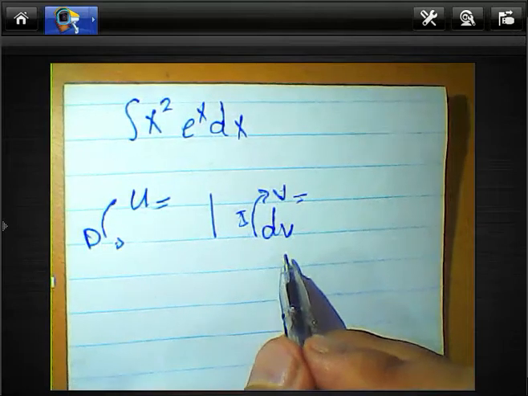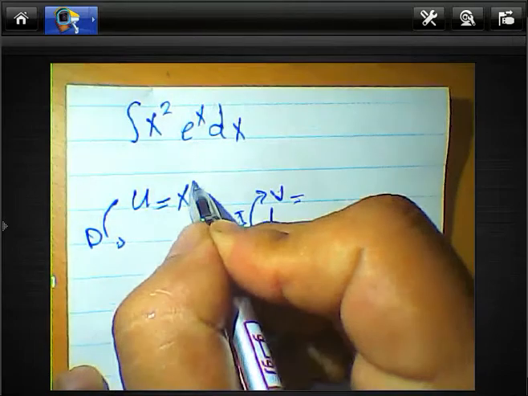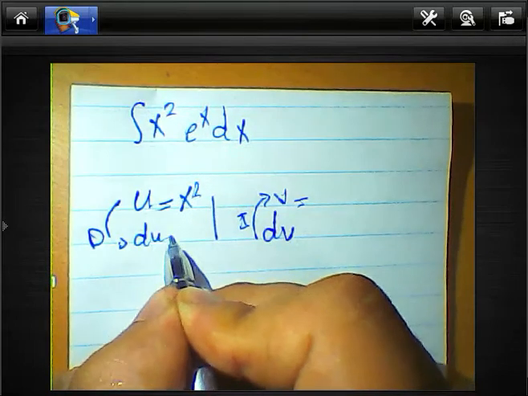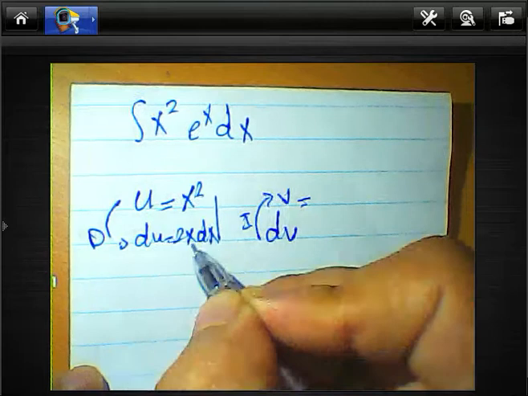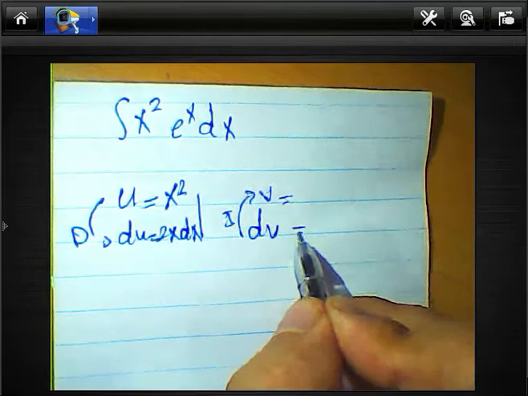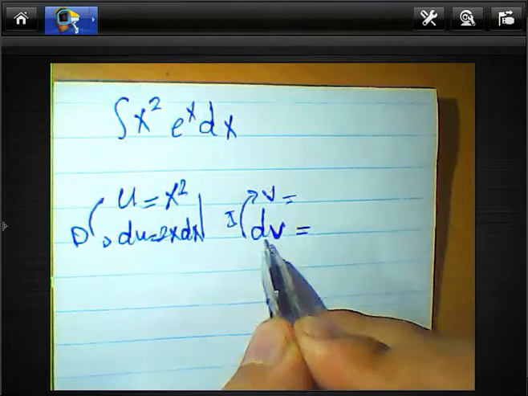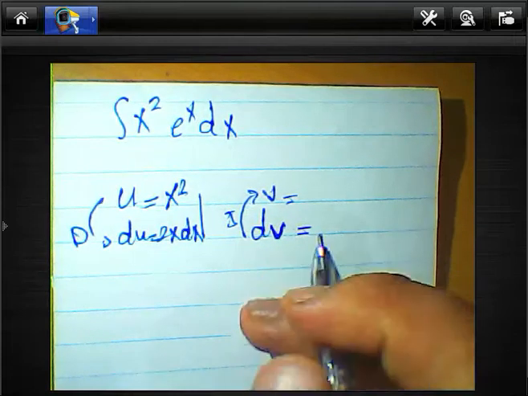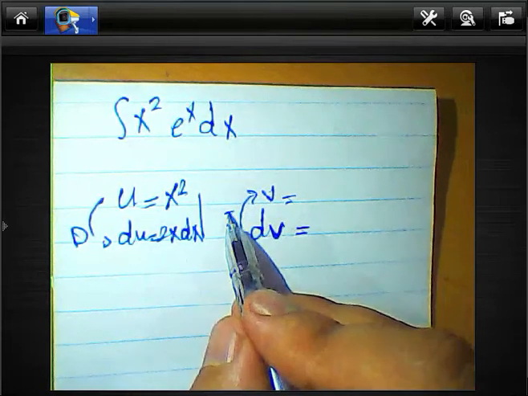We write u equals x power 2 and du equals 2x dx, the derivative, and then the inverse, integration.